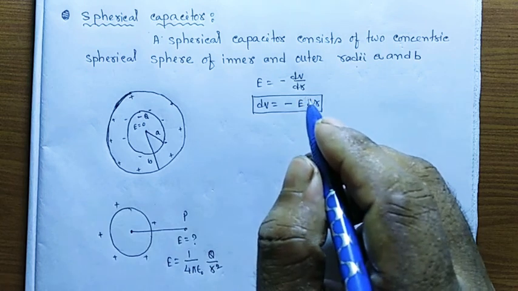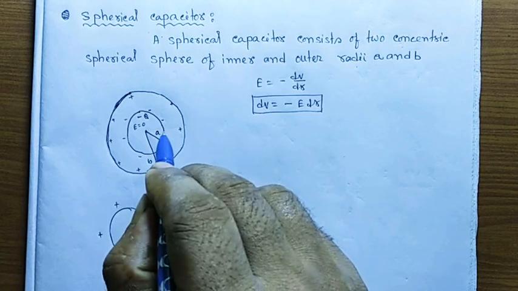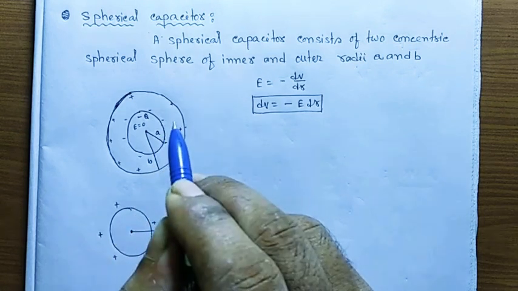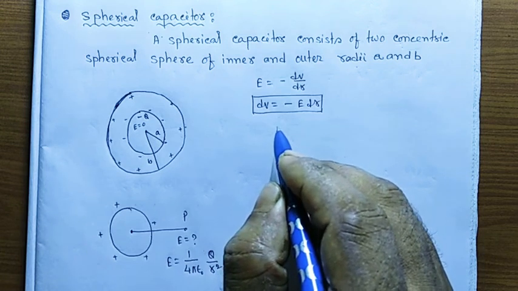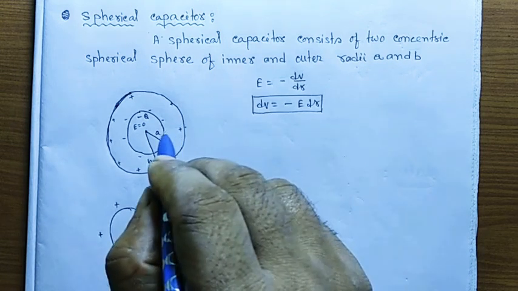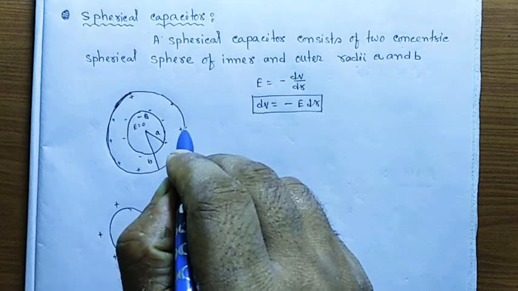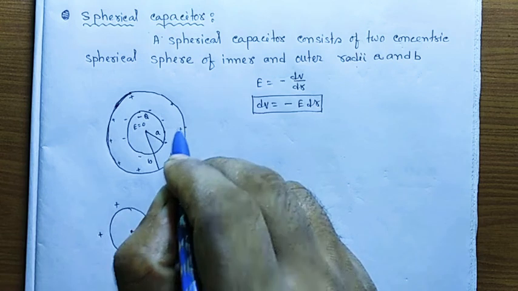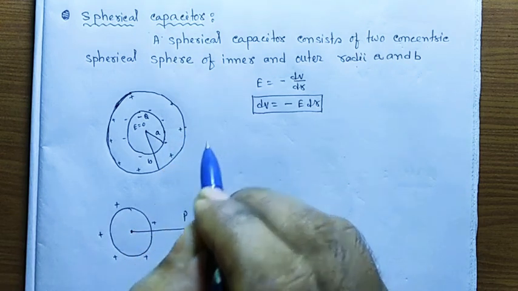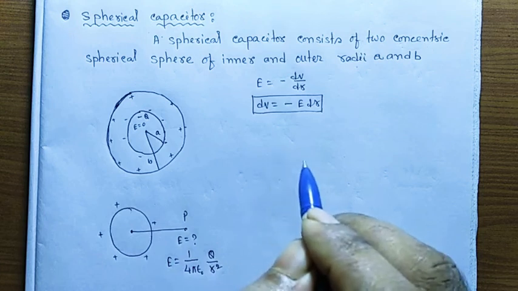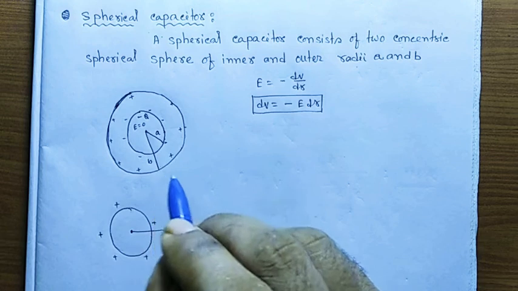So now we have to find out capacitance between these two shells. So first of all we have to find out the potential difference between the two shells, and we know the expression of the capacitance C is equal to Q by V. By putting the value of the V, we easily find out capacitance between the two shells.